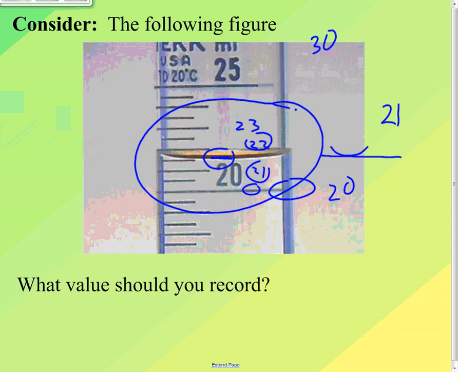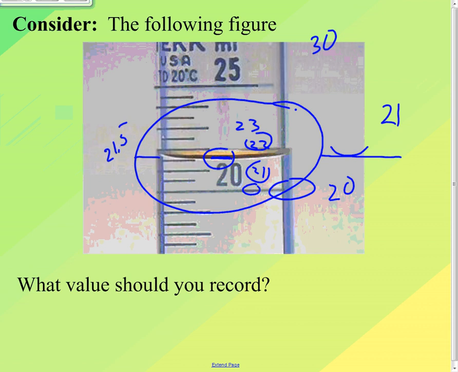Now, this line would be what? 21. This line here would be 21.5, right? Are we absolutely certain that that's 21.5? Yeah, to me, I'm not absolutely certain. That could be 21.5. That might be 21.6.